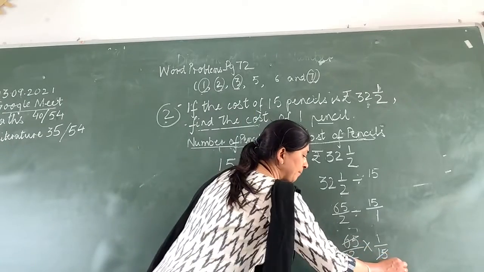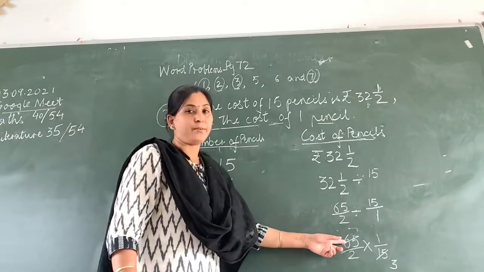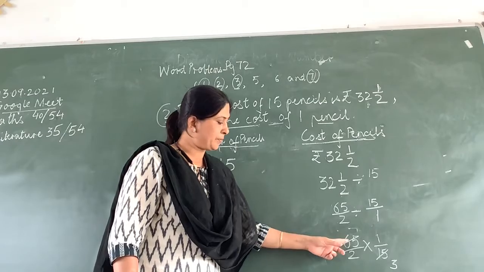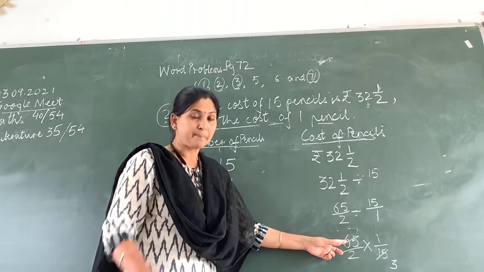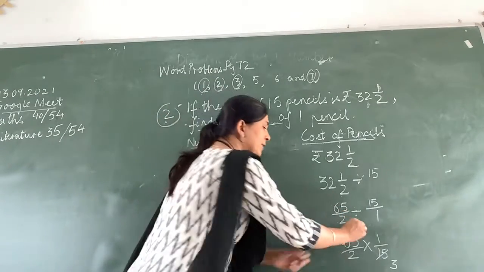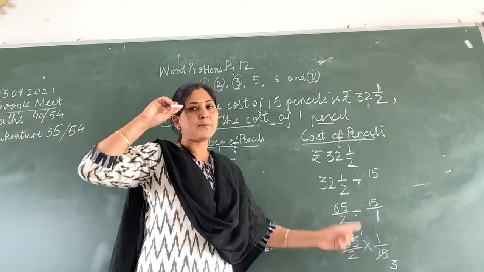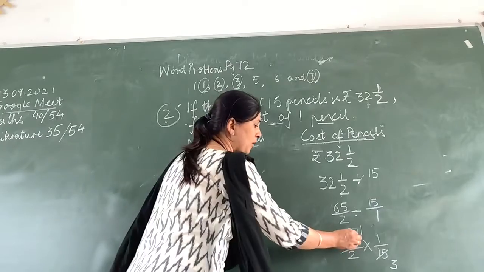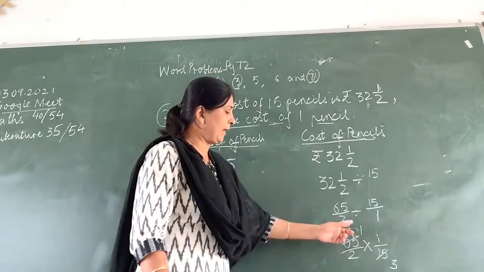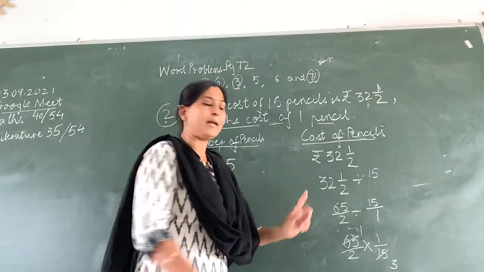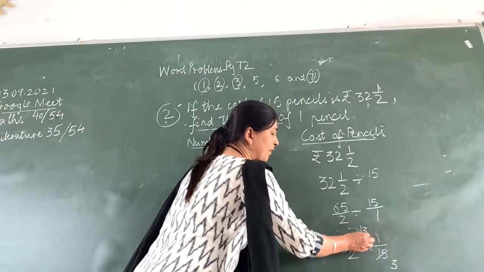So we get 3. Now table of 5 we do not know till 65, so we will take the first digit which is 6. 5 times 1 is 5. So write 1 and keep 5 in your mind. 6 minus 5, 1. 1 we carry, 15. Now 5 times 3 is 15.